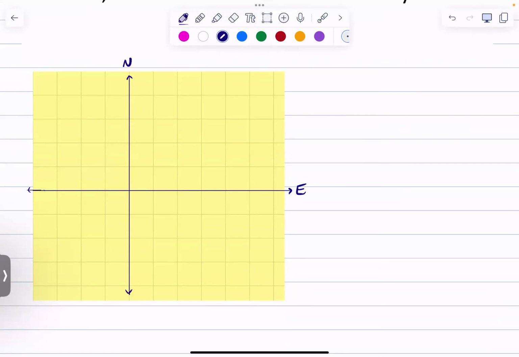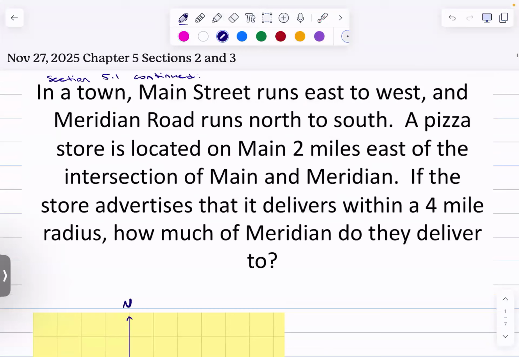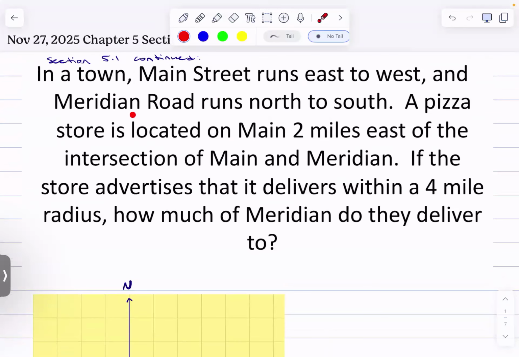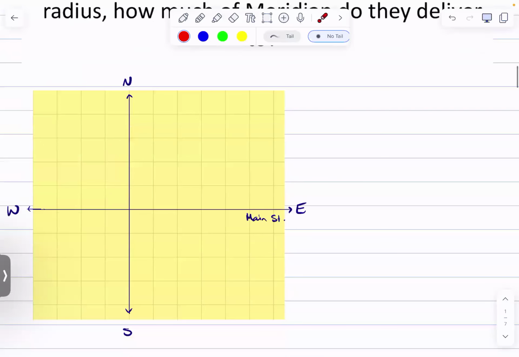Never eat shredded wheat, which means this would be our Main Street if it runs east to west, and Meridian Road runs north to south, making this Meridian.